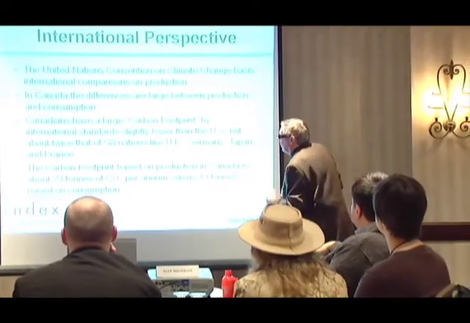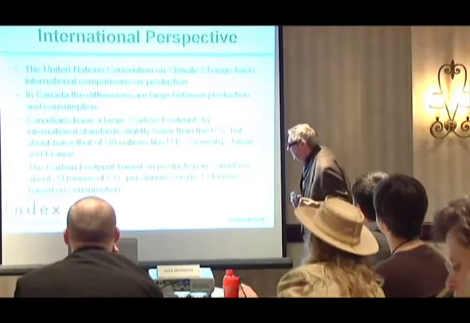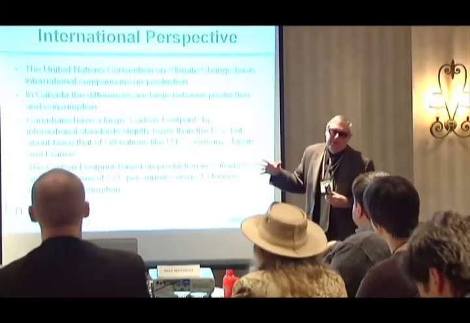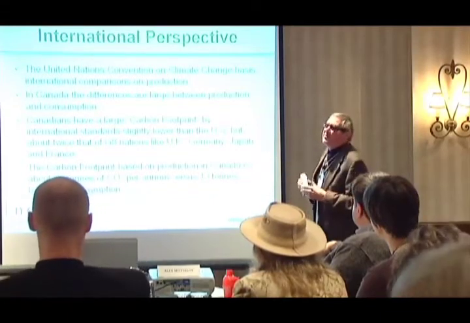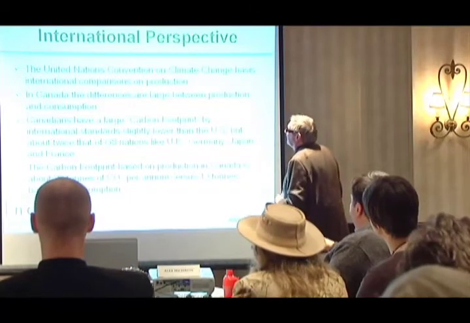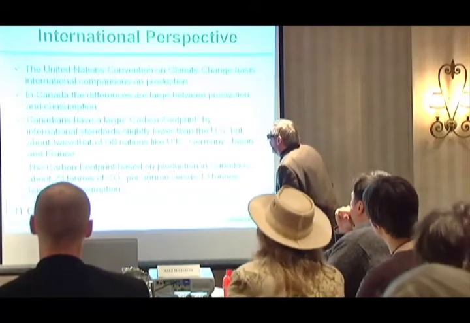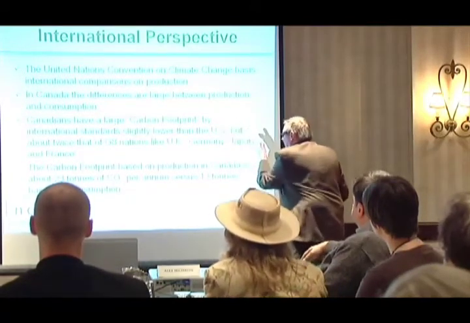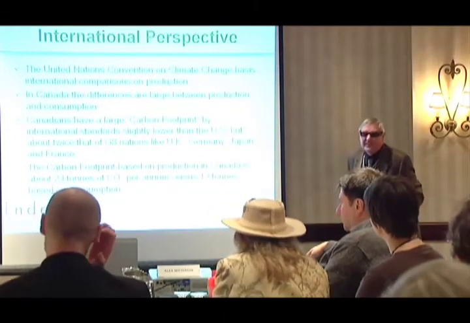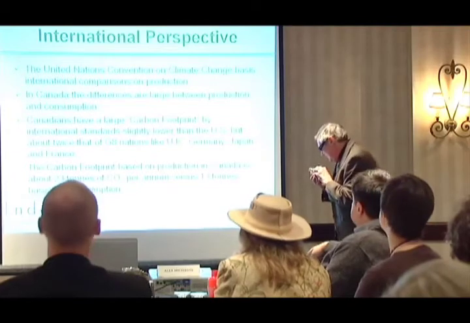If you look at our carbon footprint, and I think that number has been mentioned before, almost 23 tons, that number was, I believe, thrown out by Environment Canada yesterday morning, our footprint is a bit lower than the U.S., but a lot higher than other G8 countries.